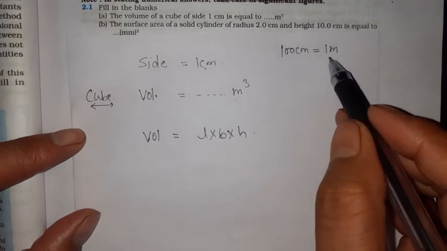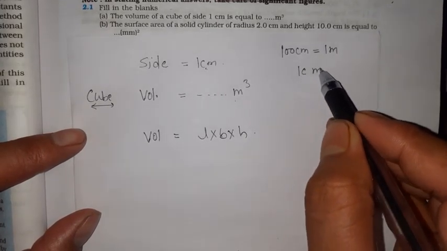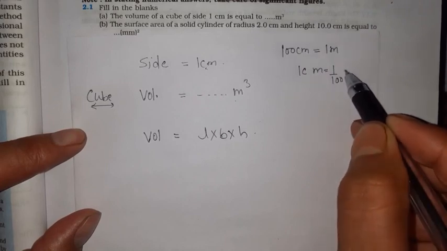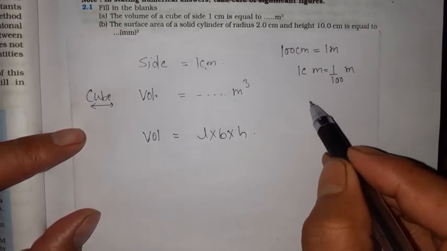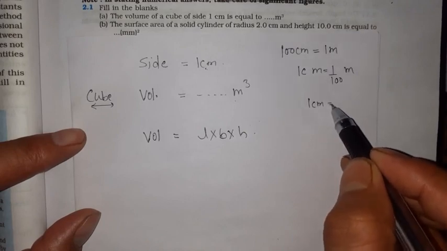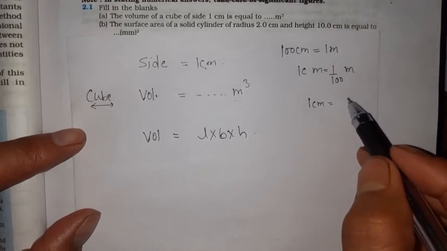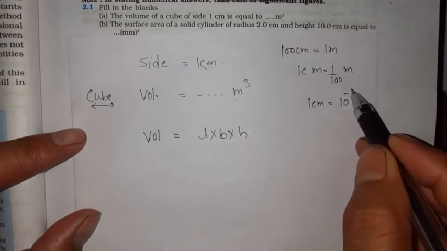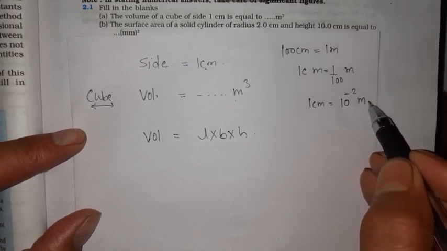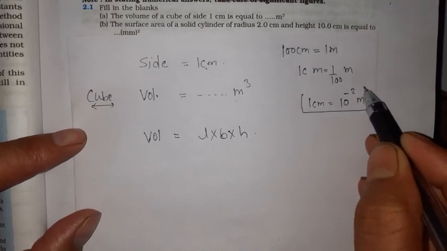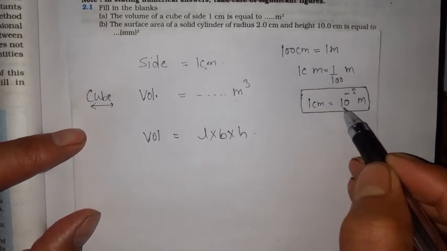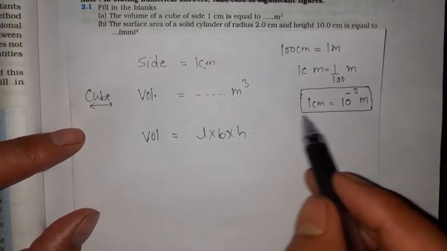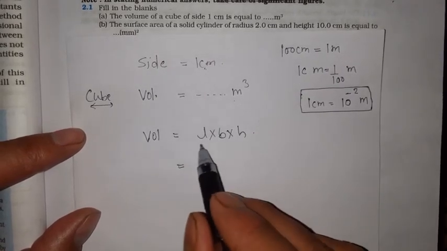Thus 1 centimeter equals 1 by 100 meter, or 10 to the power minus 2 meter. This is the important conversion: 1 centimeter is equal to 10 to the power minus 2 meter.